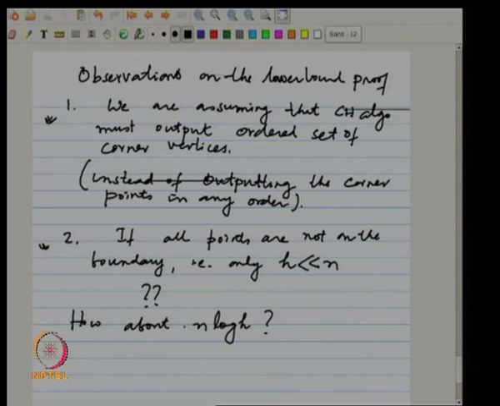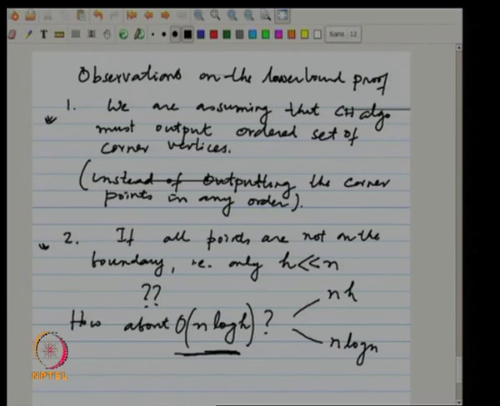Because if it does, then this would actually subsume both the cases, n h and n log n, because when h is large, it will be no more than n log n, and when h is small, again it will be better than n times h. However, as I said, the optimality of this will be left. I am not going to address it at this point. We will just try to see if we can obtain an algorithm for which the running time is about n log h.